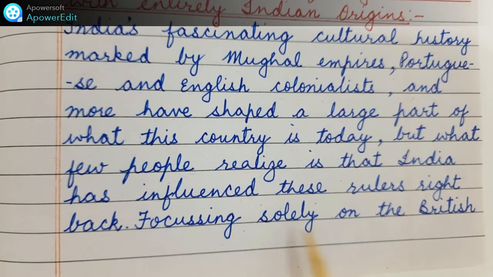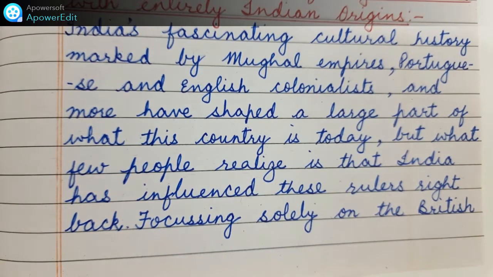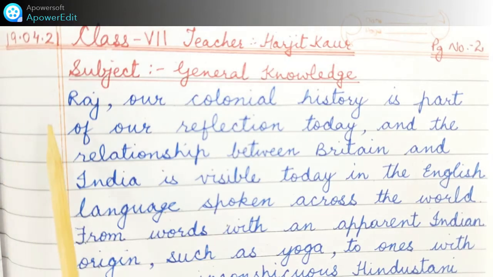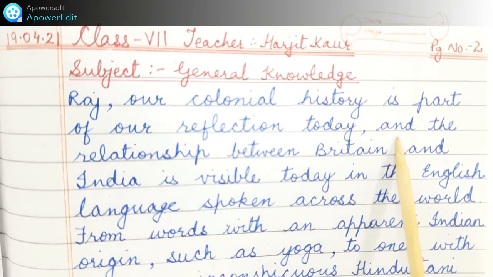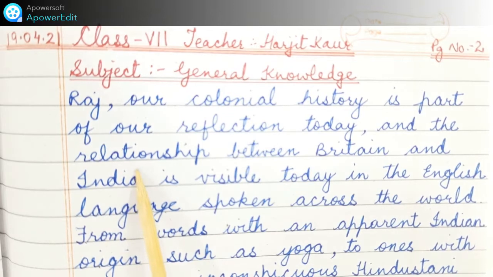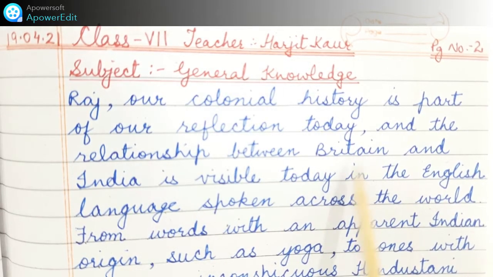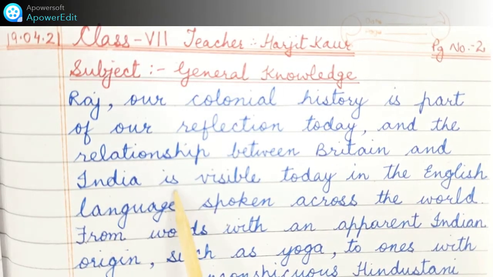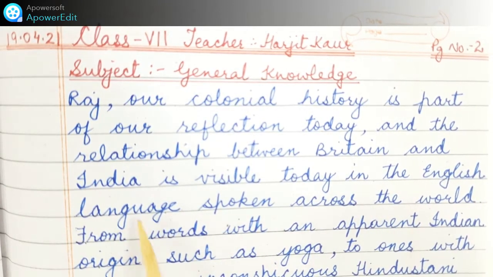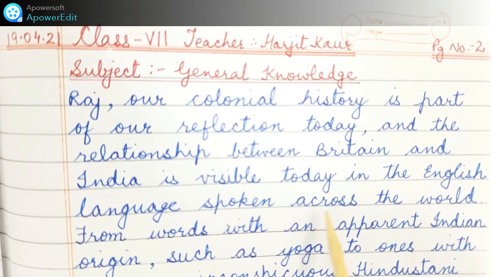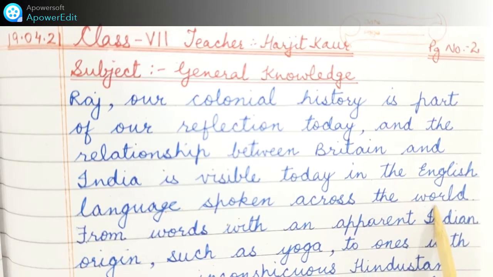Focusing solely on the British Raj, our colonial history is part of our reflection today. And the relationship between Britain and India is visible today in the English language spoken across the world.